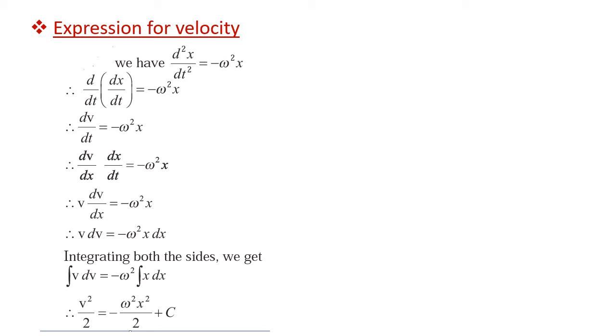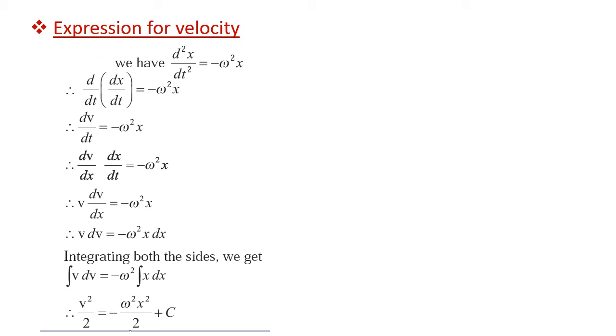Now this dx upon dt, as it is the time rate of change of displacement, is velocity, so we write v into dv upon dx is equal to minus omega square into x. Let us shift this dx to the other side, so we have v into dv is equal to minus omega square x into dx.